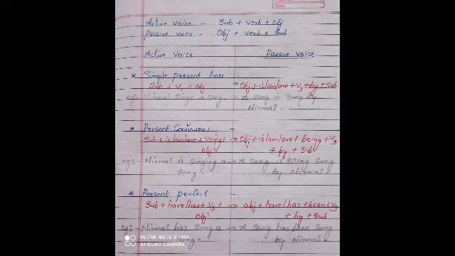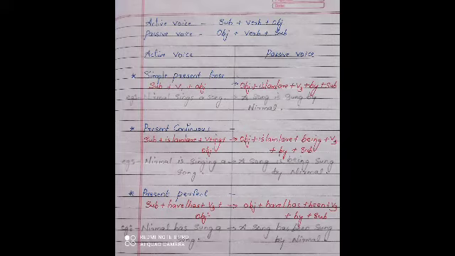Look at the example. In active voice, Nirmal sings a song. Here Nirmal is a singular subject, so we add s to the verb sing. That is, Nirmal sings a song, subject, verb, object. So when it is changed to passive voice, the object comes first. That is a song.